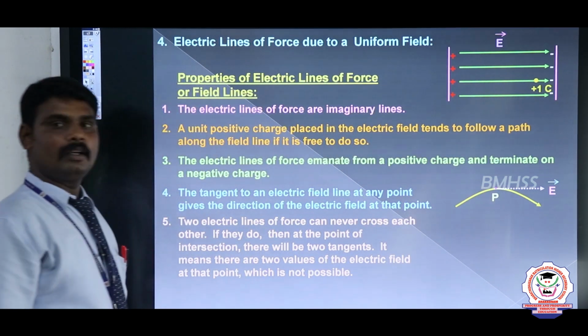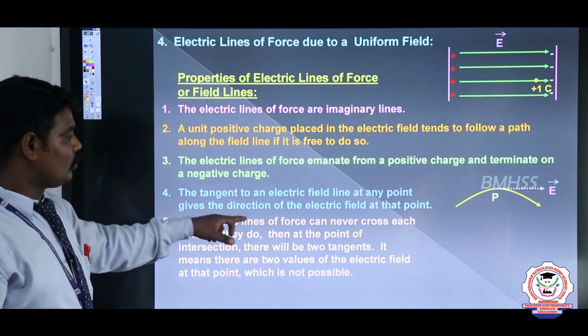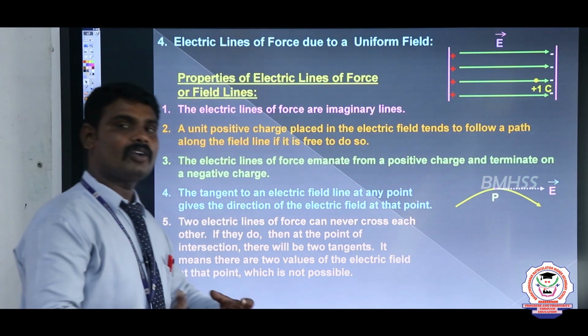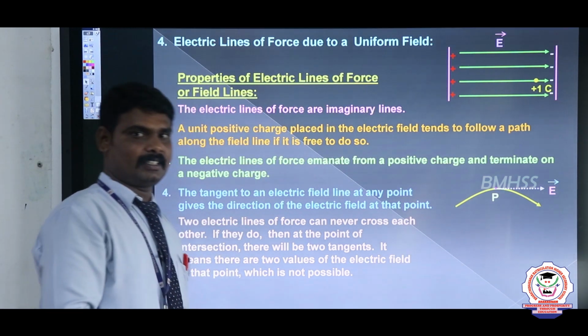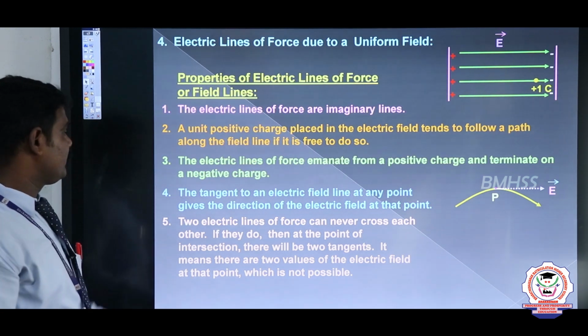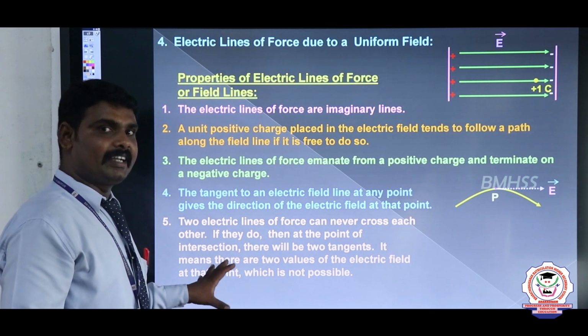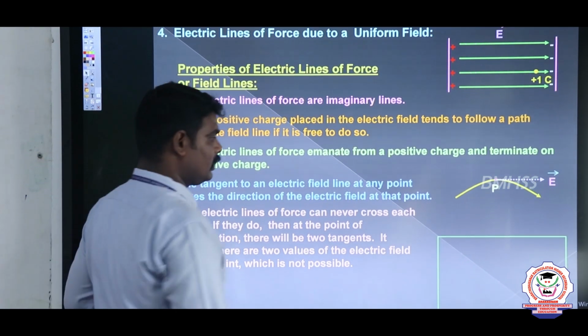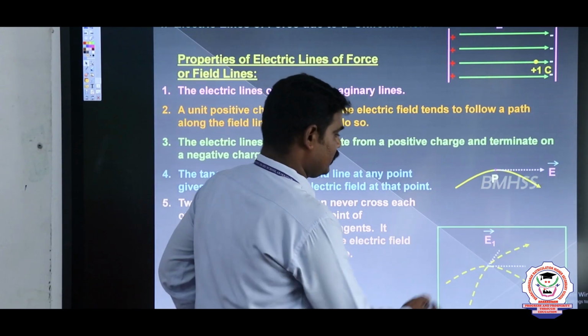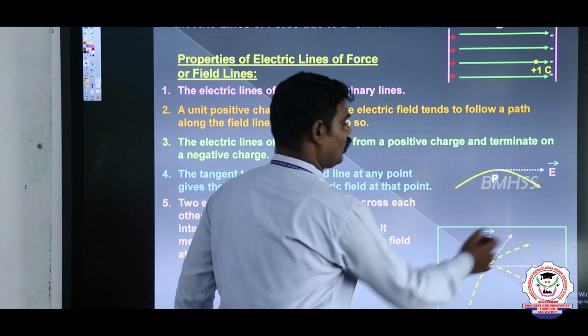The fifth point, electric lines of force can never cross each other or never intersect. Why? Because two fields never intersect. Suppose I take two fields, this is one field and this is another field.